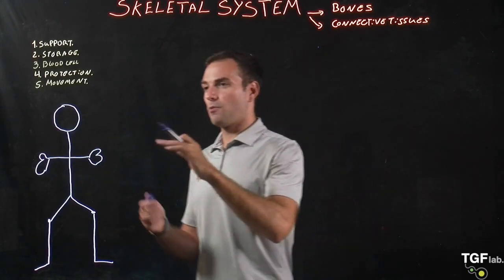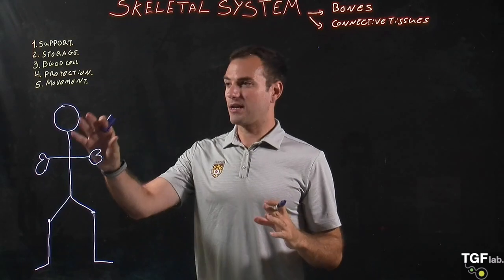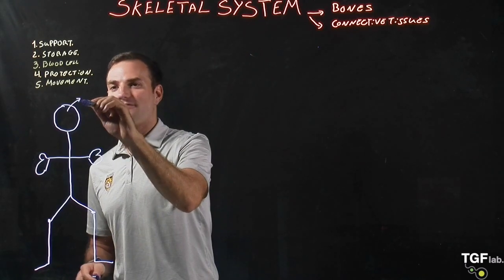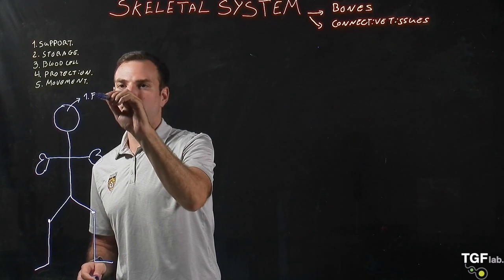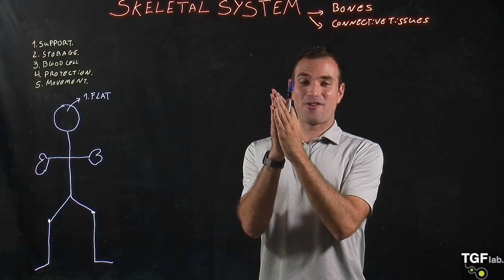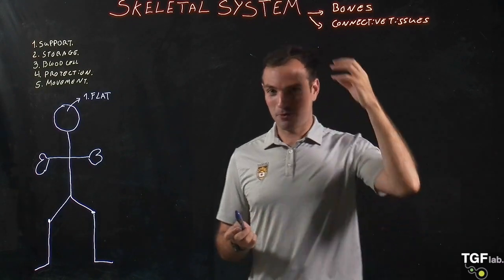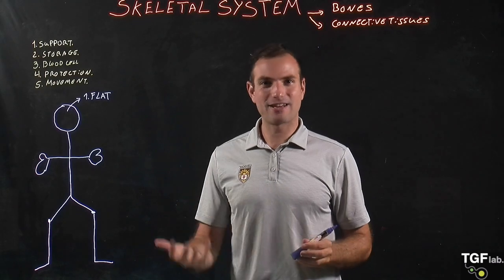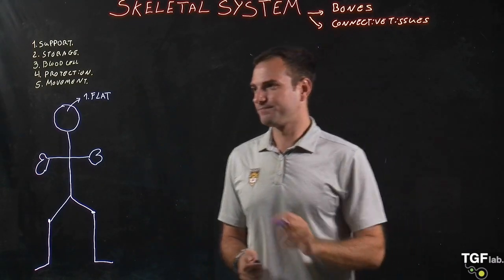Okay, so we have the different bones according to the shape. Starting from the head, here we have the flat bones. They are called flat because they are very flat, they are very narrow. For example, the parietal bone or the occipital bone, they are going to protect our brain and they are going to be part of our skull.